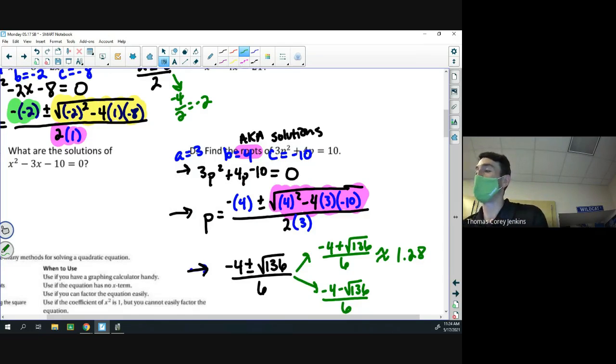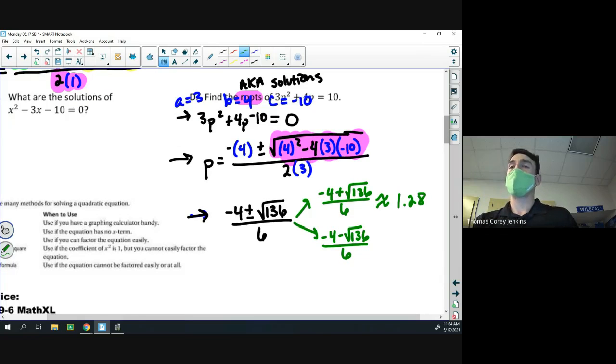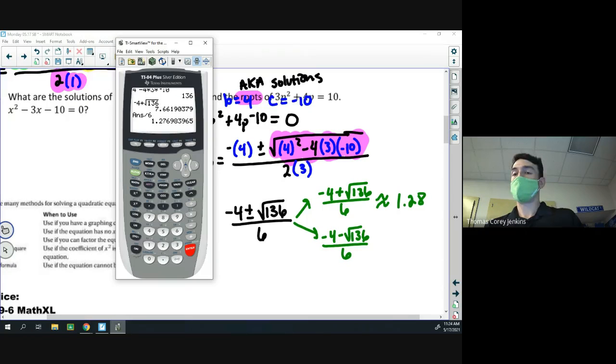And then our other one is where we do minus the square root of 136. So negative 4 minus square root 136. I'm going to hit enter at that point. Get negative 15 and change, and then we just hit divided by 6 while it's still in my calculator.